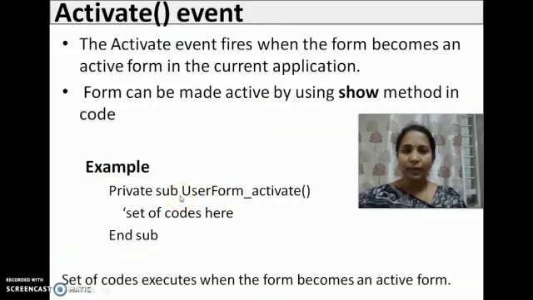The activate event is fired when a form becomes the active form in the current application. When a form is displayed, or when a form is visible, when you run a form and it is visible, you can use the activate event, that is Private Sub Form_Activate. Whatever set of code is written will be executed when the form is active.